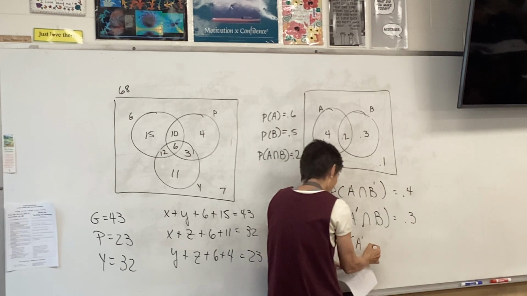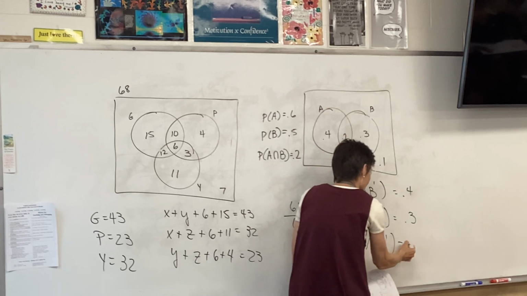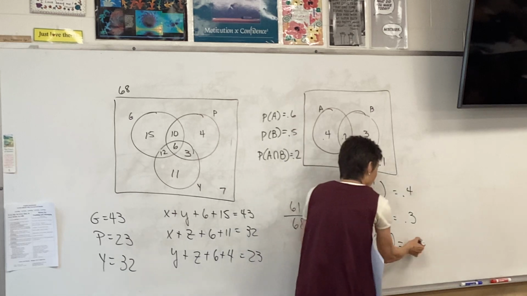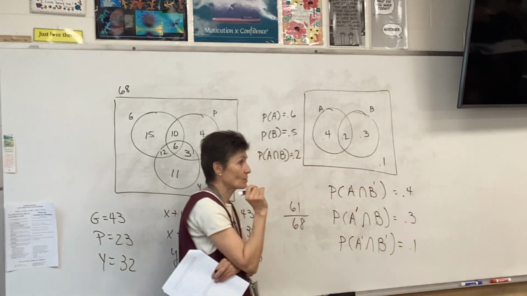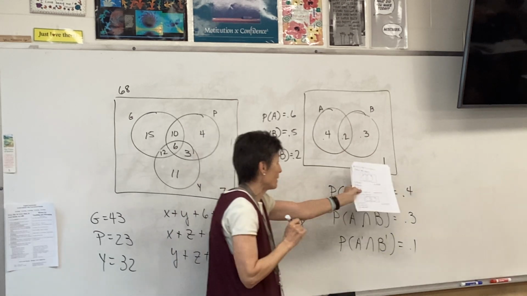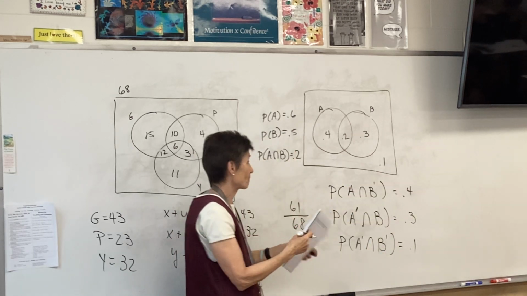What's this? I don't like either one. That is 0.1. You guys on the outside of the circles? I don't like apples and I don't like bananas, so I'm out here.